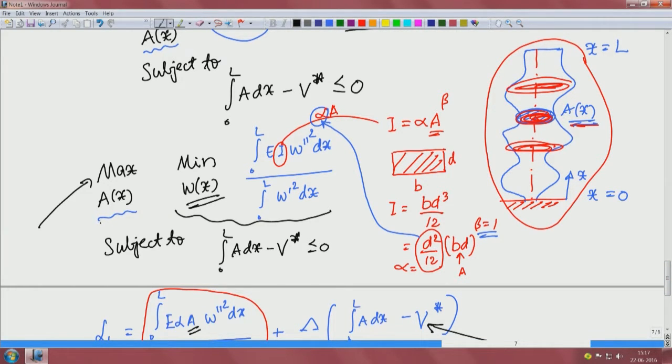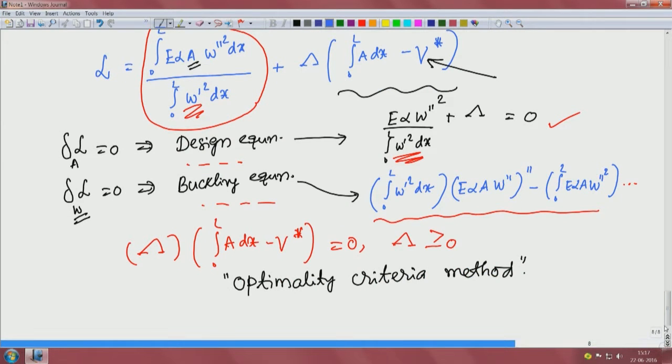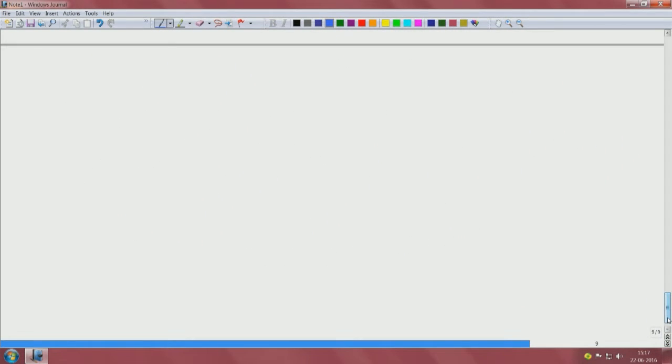We are designing by varying A of x, and we are minimizing to get the governing equation. That can be done for a general elastic structure also, not just for the column buckling problem. For any structure we can do this minimization of potential energy with respect to, let us say, the state variable for a beam, column, whatever. We minimize the potential energy, which happens to be equal to the negative of the strain energy at equilibrium.